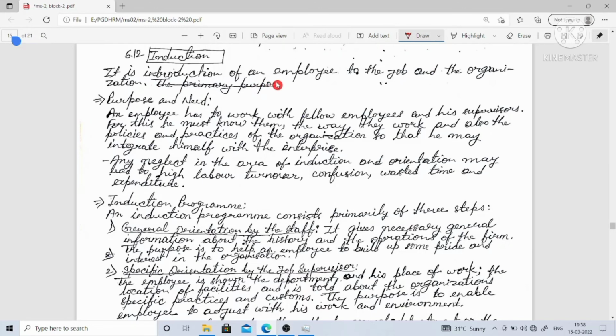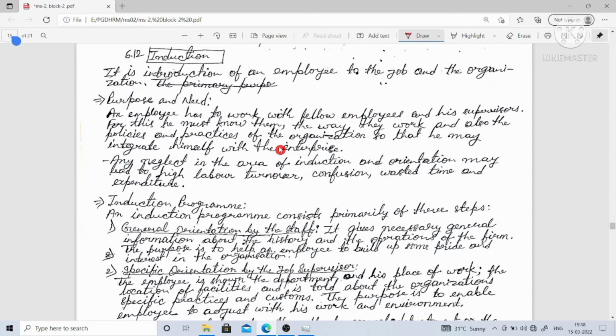For this, he must know them, because he is going to work with them, the way they work, and also the policies and practices of the organization, so that he may integrate himself with the enterprise. If he knows the policies and practices of the organization, then he can integrate himself with it, and if he is able to integrate, then the productivity will increase.